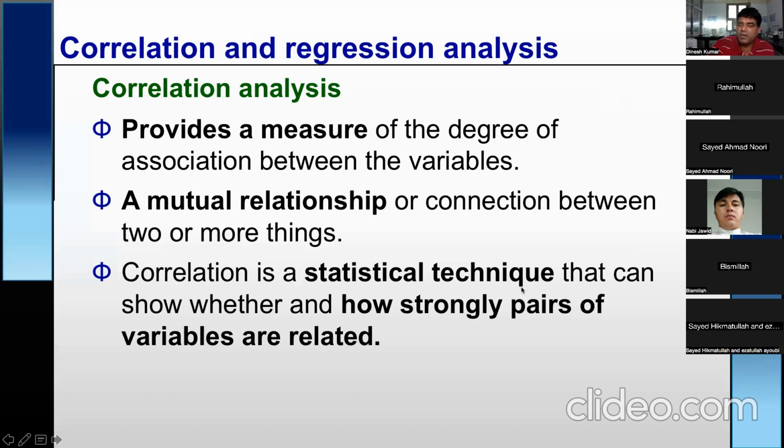Correlation is a statistical technique that can show whether and how strongly pairs of variables are related or not. So first part of correlation analysis is just to judge whether two variables are connected, whether two variables are related to each other or not. If they are related, then how deeply they are related.